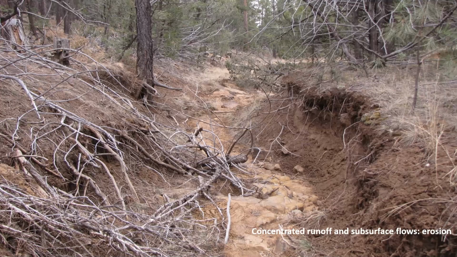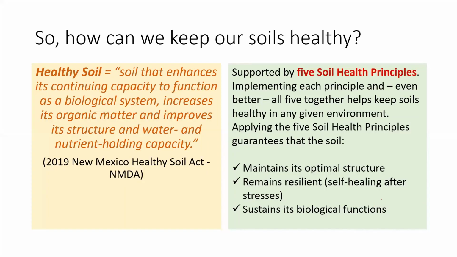So then the question, of course, is how can we keep our soils healthy? Well, a healthy soil is defined as that which enhances its continuing capacity to function as a biological system, where it increases its organic matter and improves its structure and water and nutrient holding capacity. And we've discussed those components. And so that has led the state to formulate 5 soil health principles.